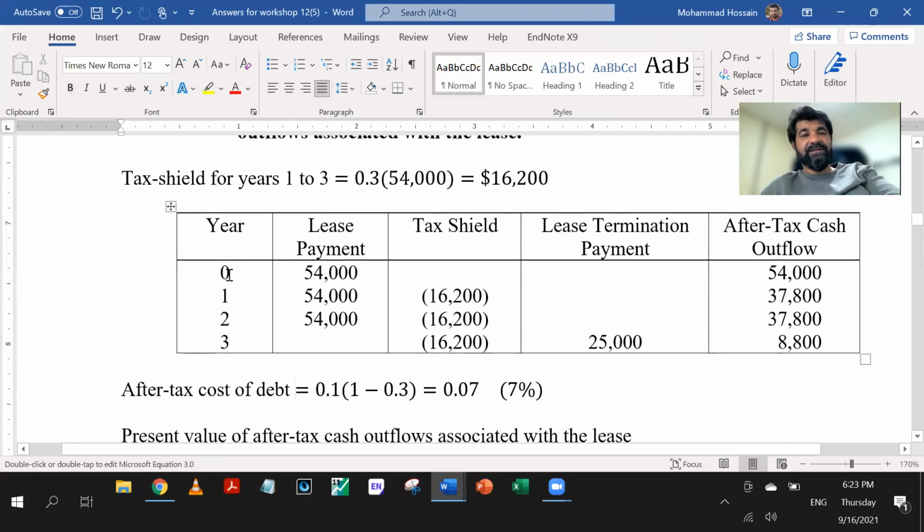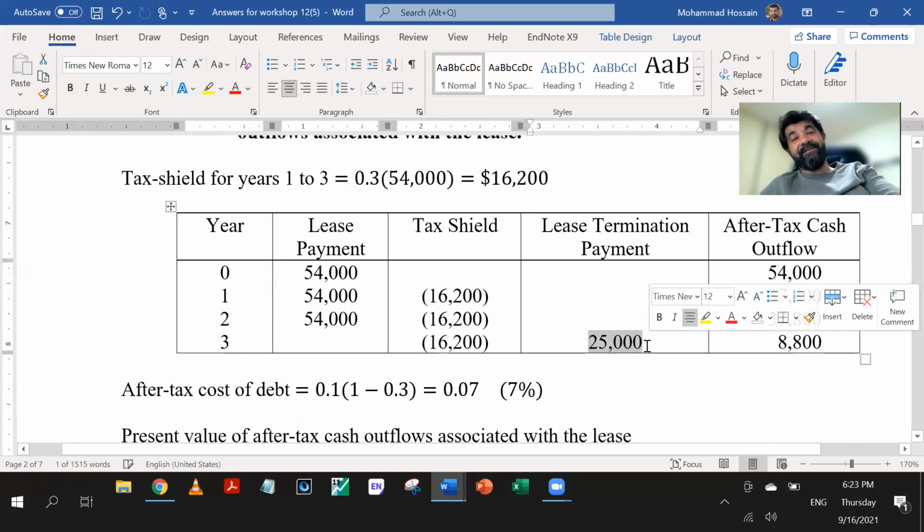Okay, the first year after-tax cash outflow will be 54,000. Second year it will not be 54, it will be 37,800. Third year 37.8 again. But in the fourth year, you can pay $25,000 and buy the item.